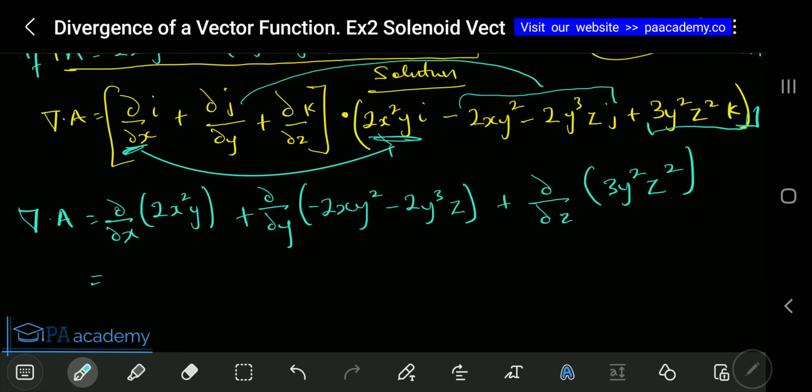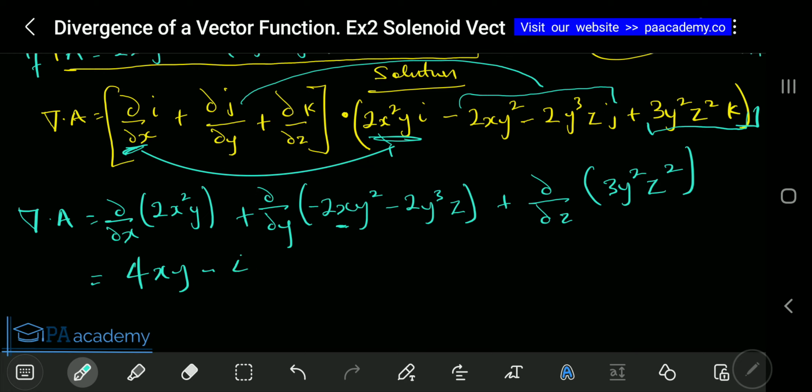So now if you look for the partial differential of this with respect to x, that's going to give us 4xy. So now let's do for this side. This is going to give us minus. So this is y squared, we differentiate that as 2y. Then we are also having 2 at this point here.